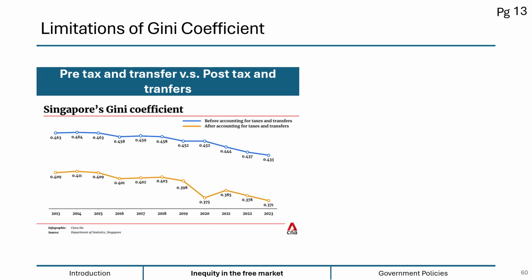Just in Singapore's case alone, the pre-tax Gini coefficient, which is the blue line, is higher than the post-tax coefficient, which is the orange line below. So it is not fair if, for example, country A uses pre-tax income to calculate the Gini coefficient and country B uses post-tax income. We cannot compare it like that.